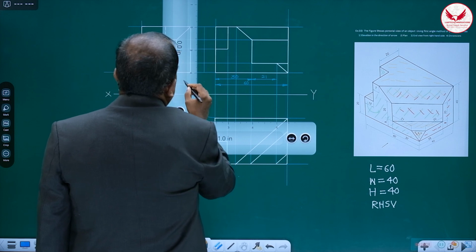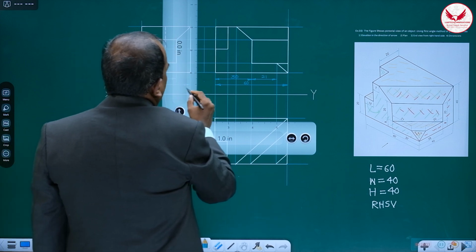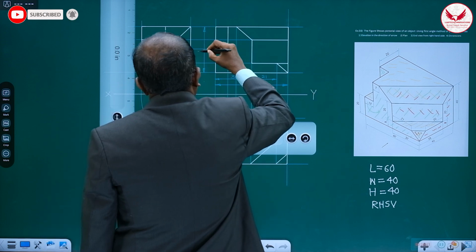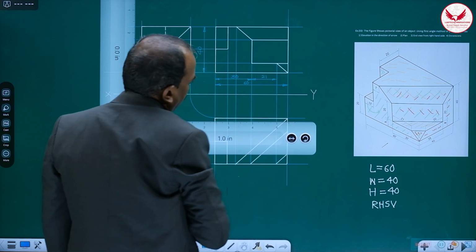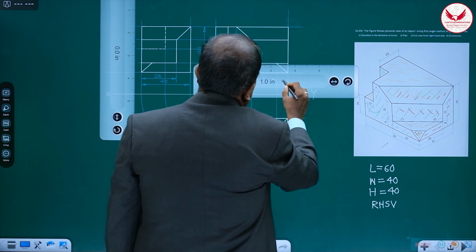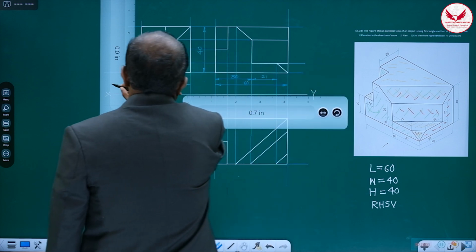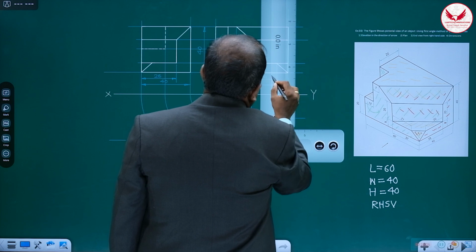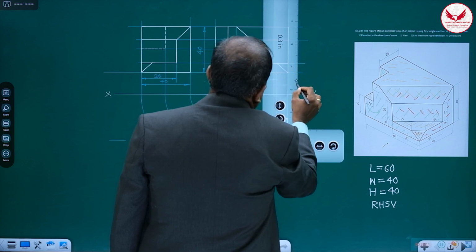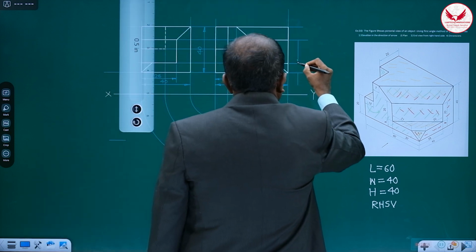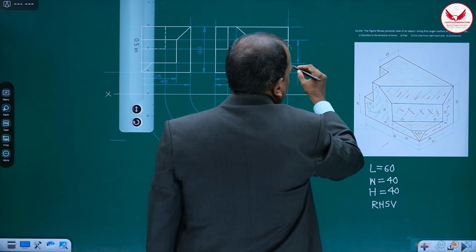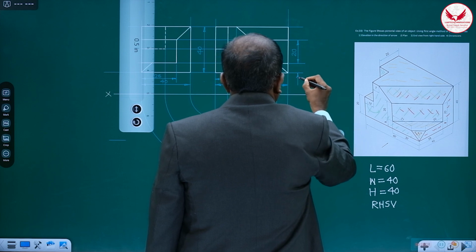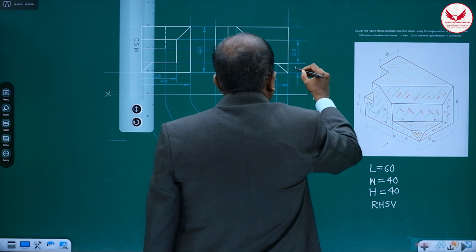At the same time, it is 40. It is 20. And for this portion, when a small dimension is there, we can give it like this also.